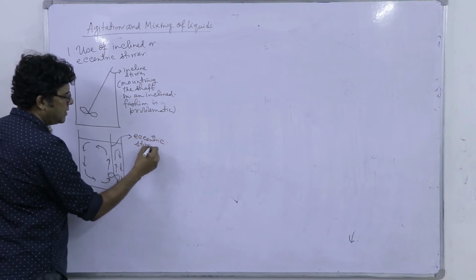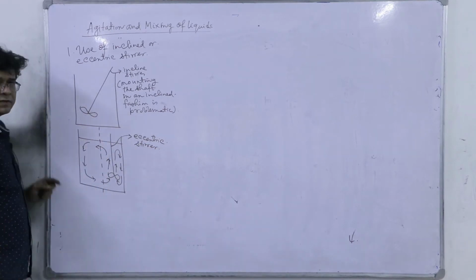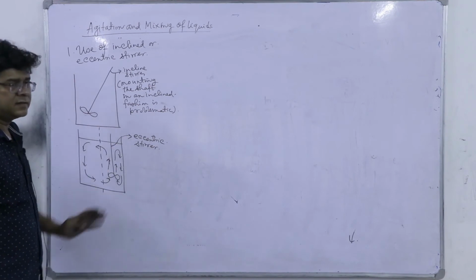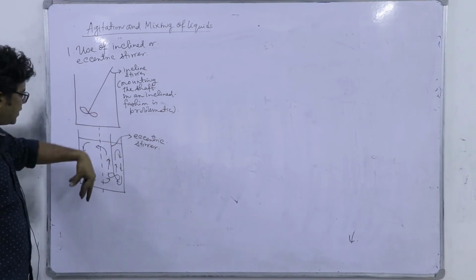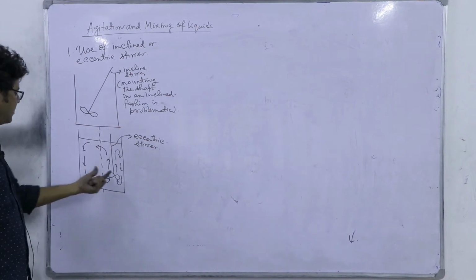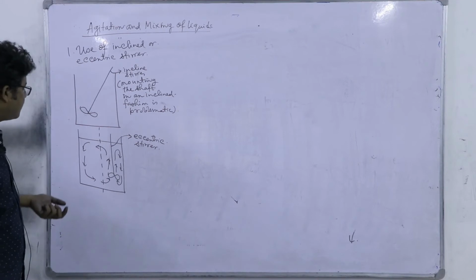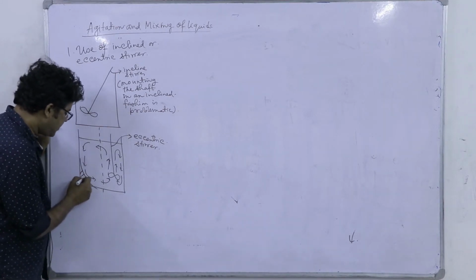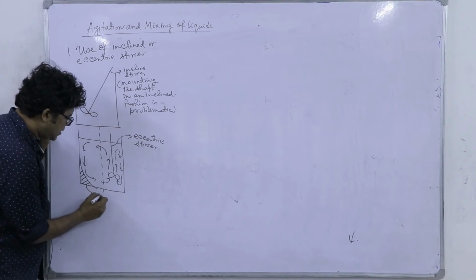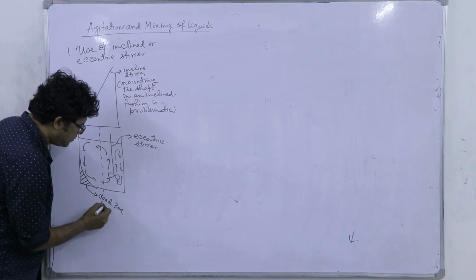We are not having the alignment of the shaft axis with the central axis of the tank. We are placing the shaft or the impeller eccentric, close to one side, to one radial direction. It is close to the periphery. So here what may happen? Dead zones may form.